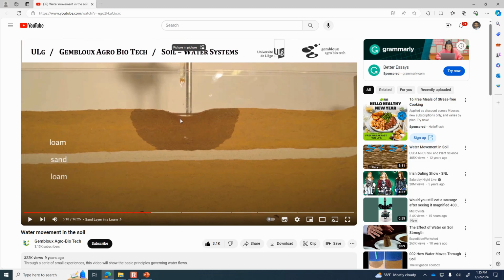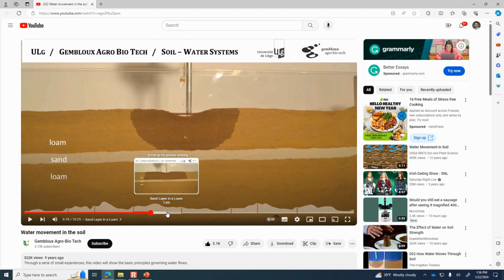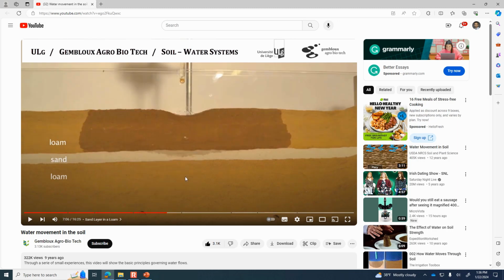But the further we get away from it, some of the voids have air, some of the voids have water, and it's not until most of the voids have been saturated and the suction tension is low in the loam that the water will penetrate into the sand. So it's when the suction head is equal for the two.